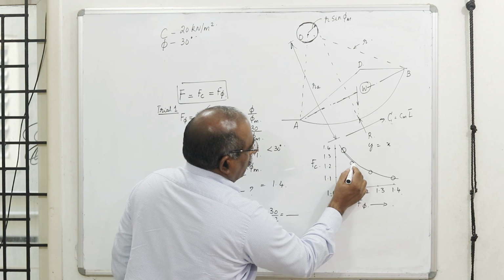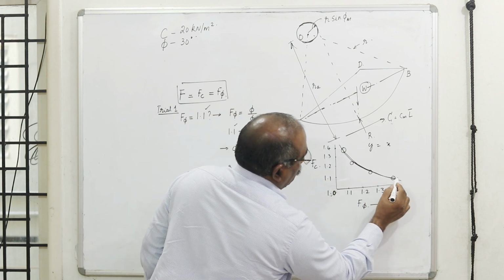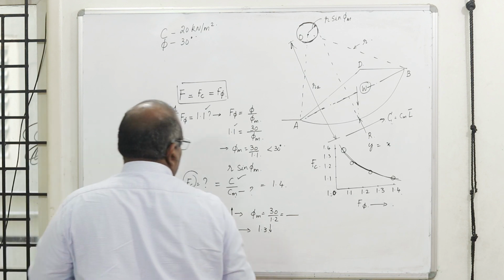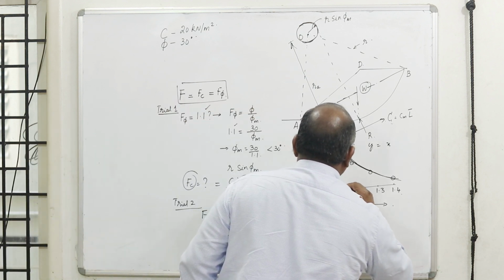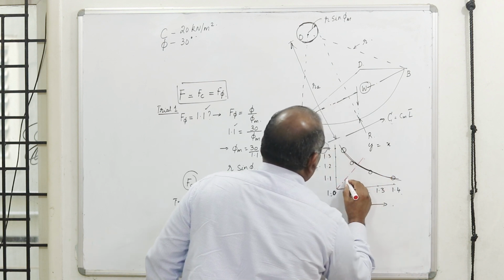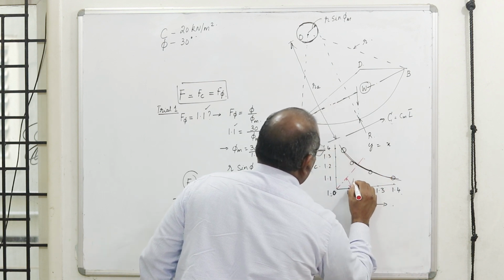I draw a curve. Then I draw a 45-degree line. This is the line of equality.